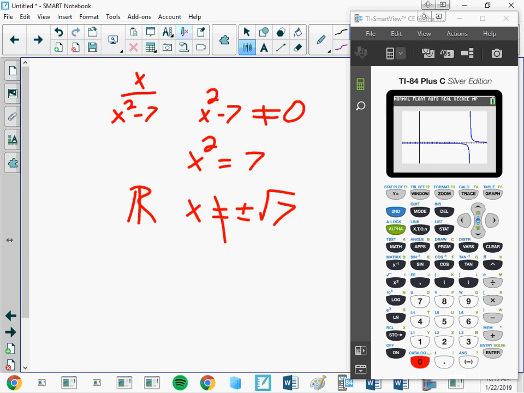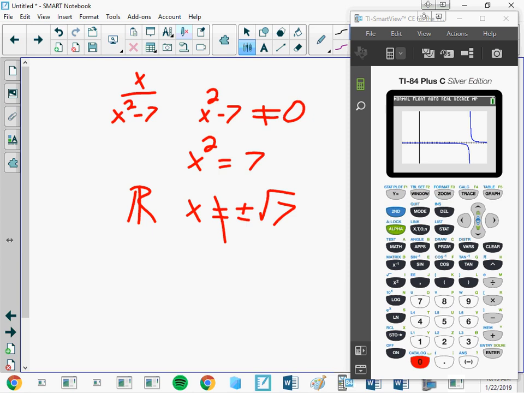Which one of those demonstrates that? It's going to be A: from negative infinity to negative root 7, negative root 7 to root 7, and root 7 to infinity. Now, if I were writing it, I wouldn't do it the long way. I would just write what I wrote there. But apparently they're not going to do that.